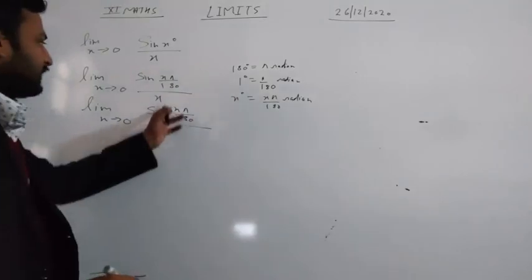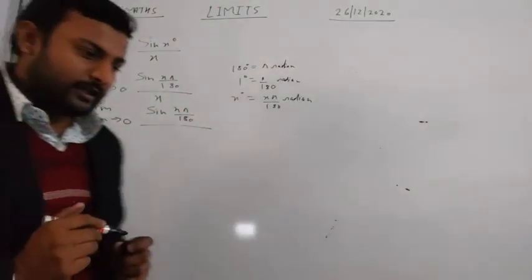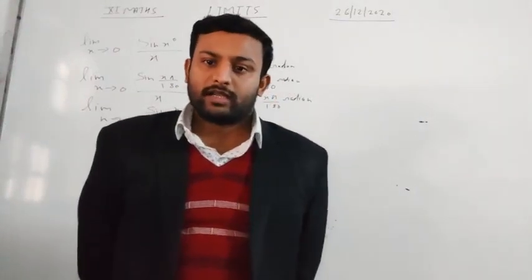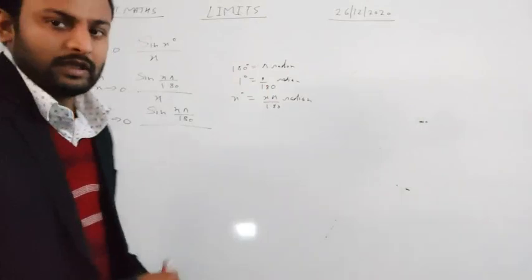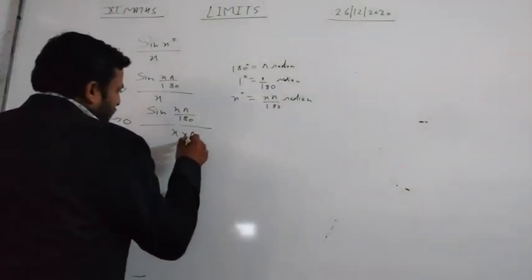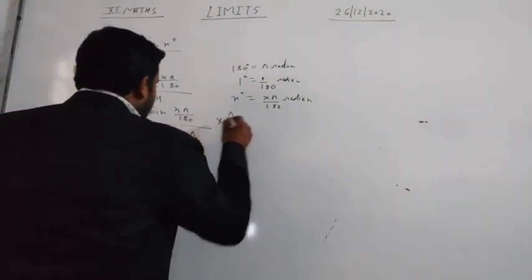Now students, this is limit x tends to 0 sine of x pi by 180, and this is our sine theta. Okay, so we make the theta here because we know the identity: if theta tends to 0, limit sine theta by theta is equal to 1. Okay students, so we write x into pi by 180 into pi by 180.